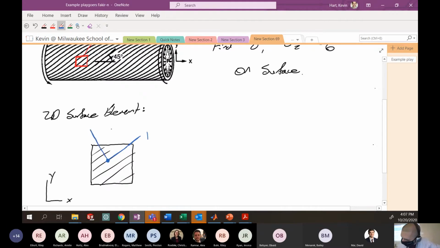I want it in the principal material direction, the 1-2-3 axes. I could translate this to being aligned with XY just for clarity's sake. It's the same sort of axis. And I'm told that the angle between the 1 and the 2 axes is 45 degrees.